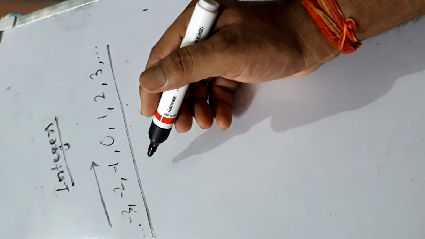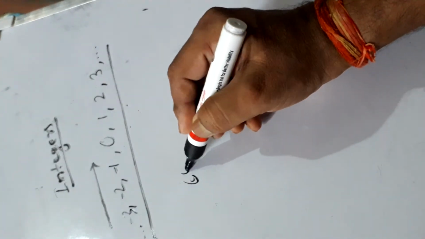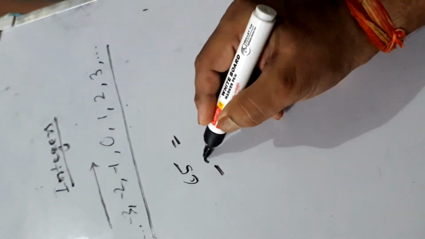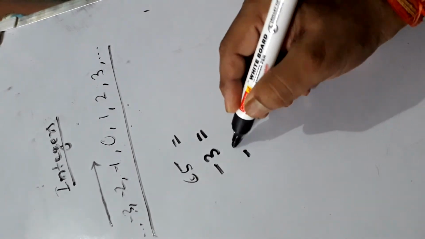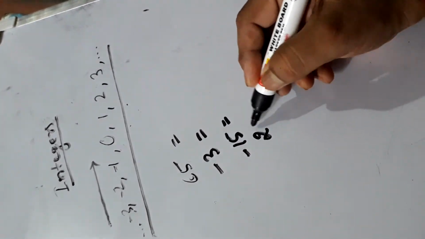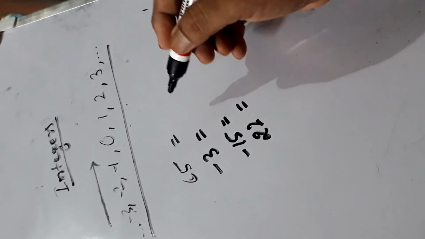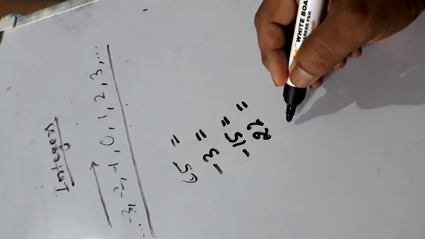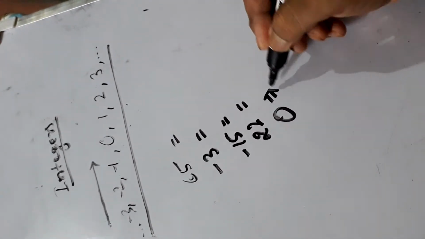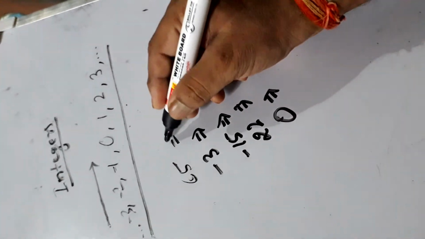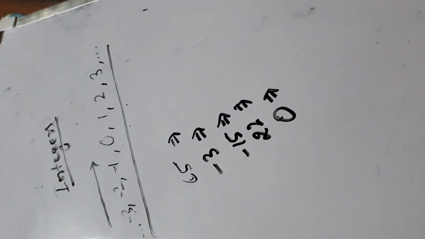Now if it is given to find the additive inverse of 65, -3, -15, 22, then the additive inverse of 0. Additive inverse means a number with the same numerical value but opposite sign.